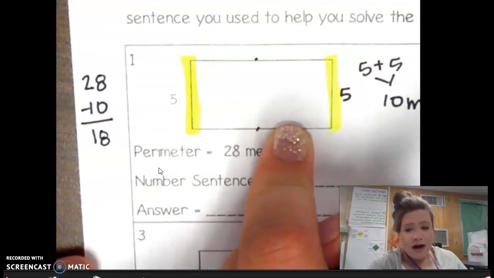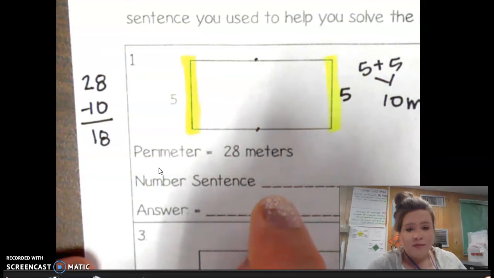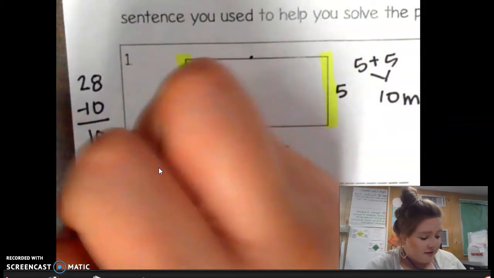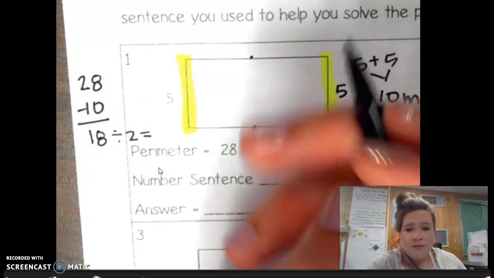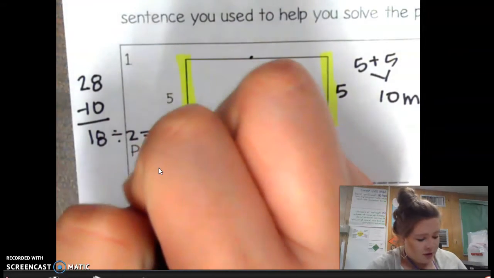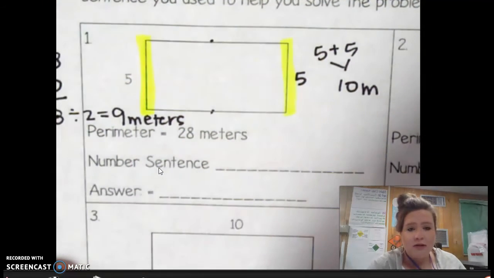So how do I figure out what one of them is? Then we're going to divide by 2. 18 divided by 2 equals 9 meters. Awesome job. Okay, the number sentence that we used to find this. So what's the first number sentence we used?